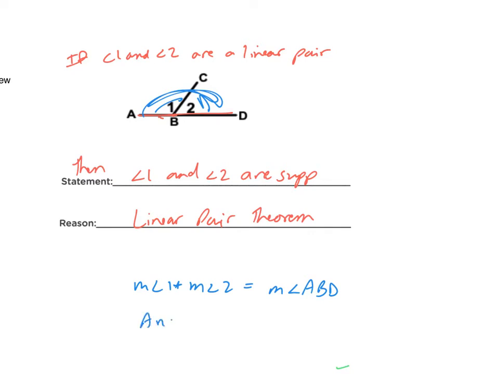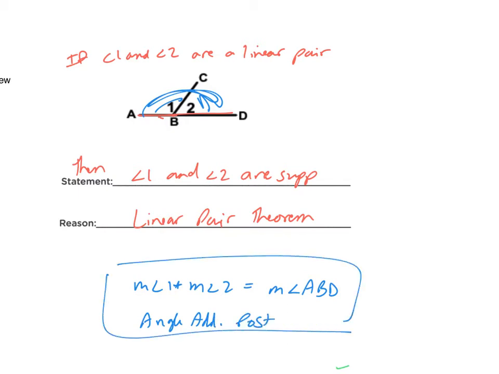And that's true by my angle addition postulate. So those would be two correct ways that you can complete this statement and reason based on that given picture. Okay, hopefully that helps with that one. I'm trying to think what else you guys said. I had a lot of equaling 180 degrees, and we're going to stay away from that because that would have to be a follow-up.